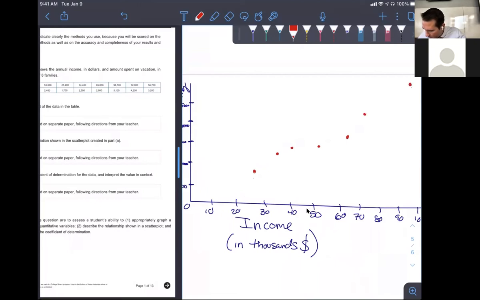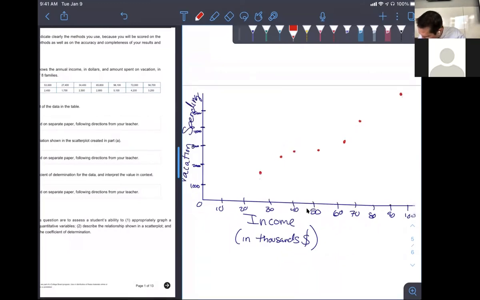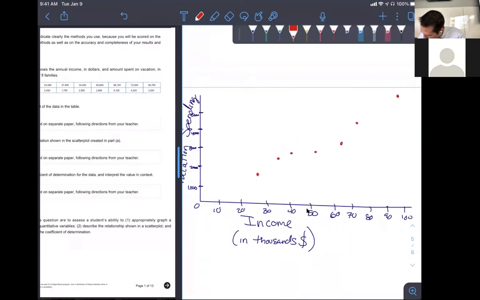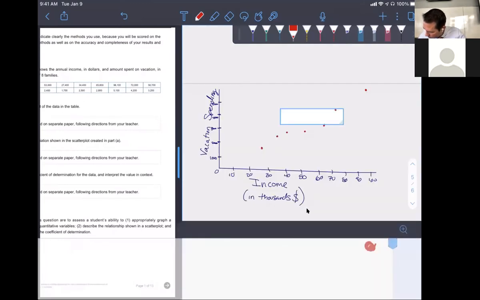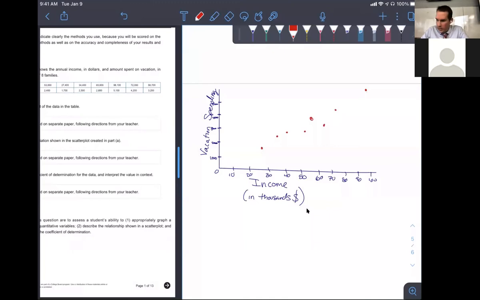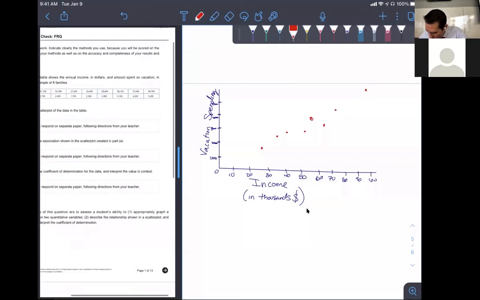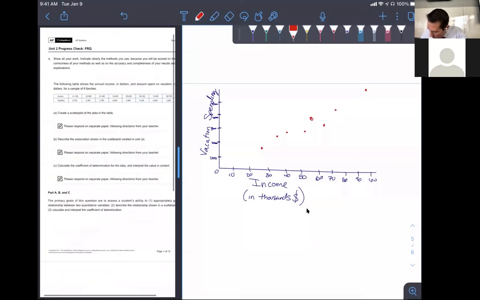And then 56, 3,200. So something like that, right? Did I get all 8 families? Got it. That's part A.